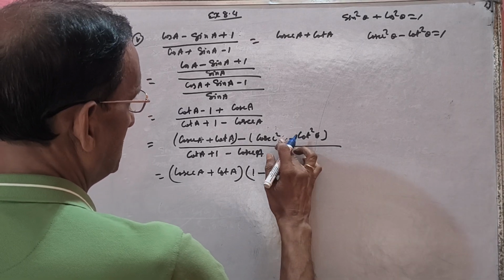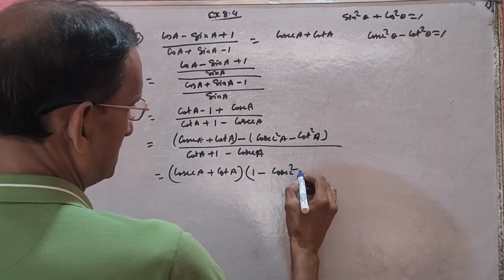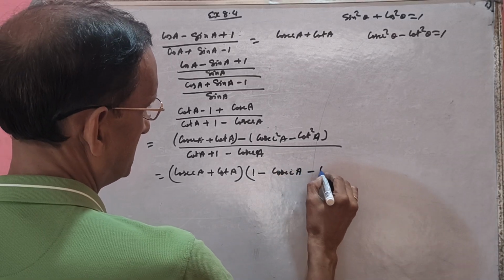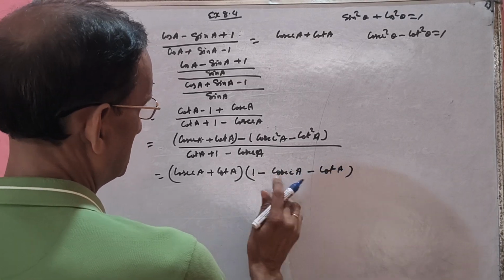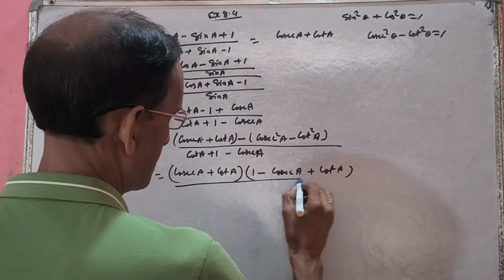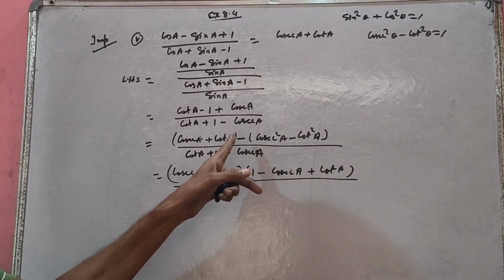Cosec square, sorry, write A, not theta. So what we will get is cosec A minus cot A. But because of this minus sign, the sign will change. Understood?